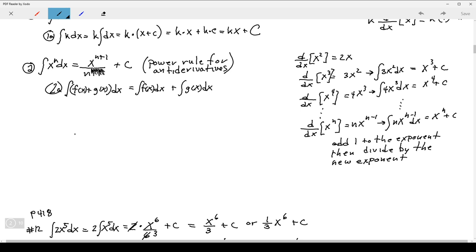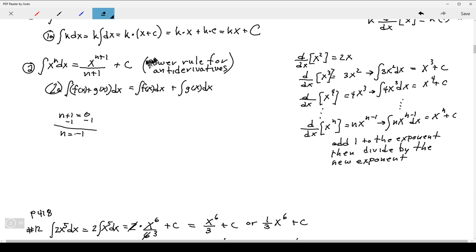So what is going to make n plus 1 0? Well, if I take n plus 1 and set it equal to 0, I get n equals negative 1. So this formula is valid as long as n is not equal to negative 1.